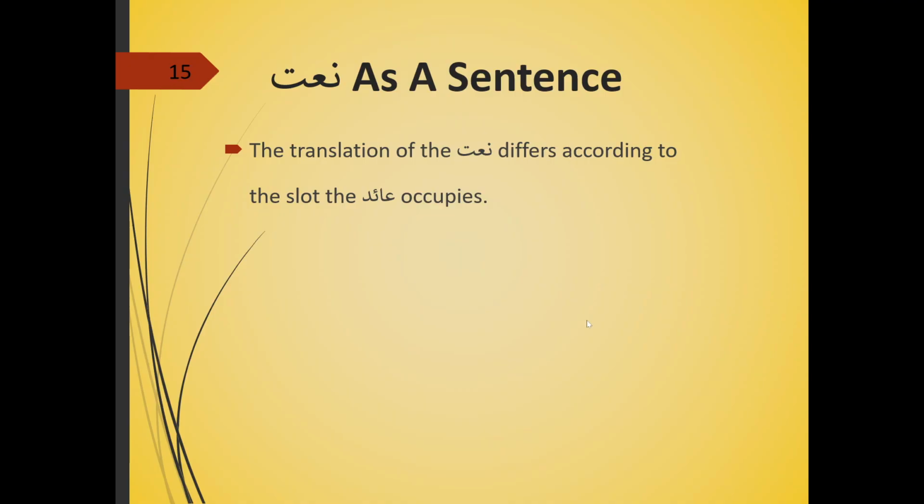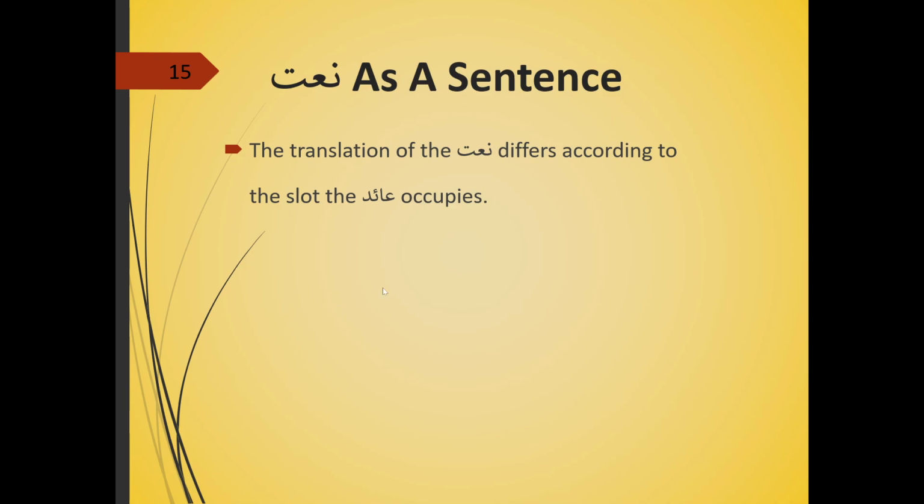Okay. Now, how do we translate this? Translation is not difficult with na'tun when it's a sentence, but it depends on what the a'id is, the slot that the a'id occupies. Just now, we know it is the fa'il; huwa is the fa'il.